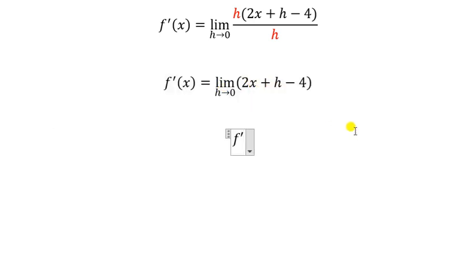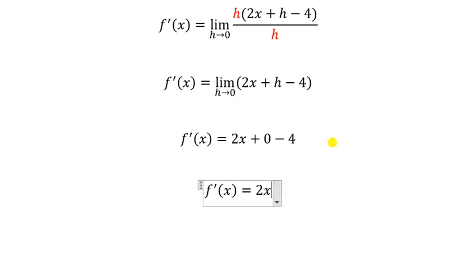So we have f prime x equals 2x plus 0 minus 4. We don't need to write this 0 here because 0 minus 4 is just minus 4. So our derivative is f prime x equals 2x minus 4. And this will be our answer. This is our derivative by definition. So I hope this helps.